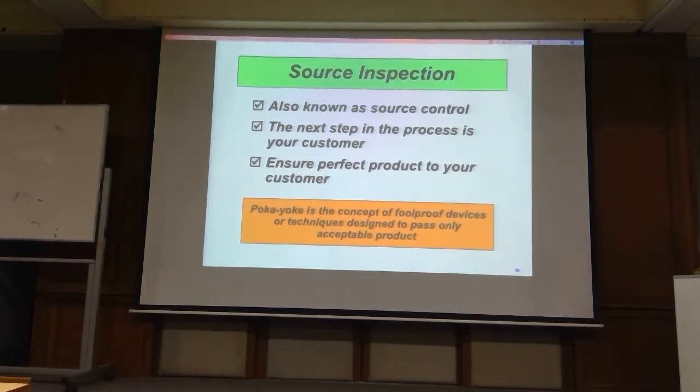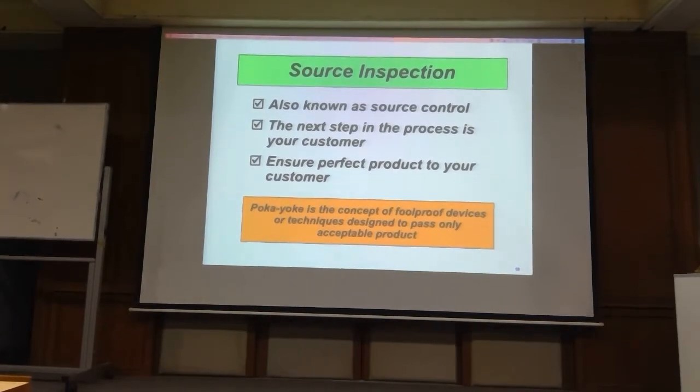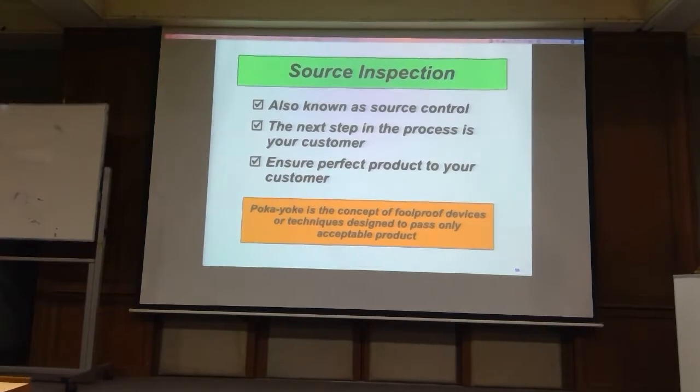But at some point, in the Japanese world, we do have points that are very critical that we need to investigate. That point is about the poka-yoke, right? Poka-yoke is the concept where you try to investigate or inspect the process to make sure that no mistake happens at that point.